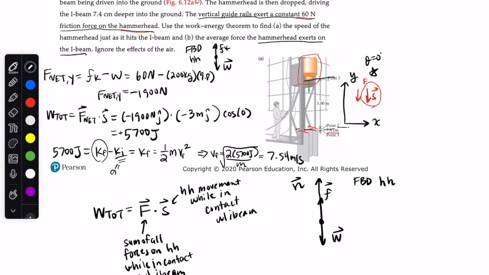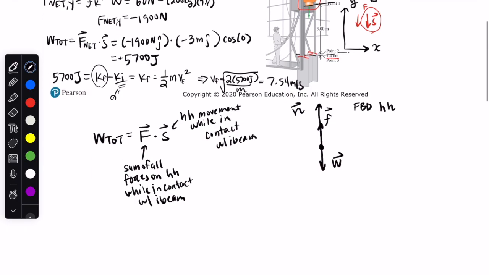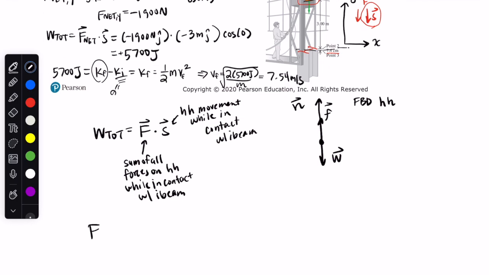So let's add up all the forces now, except we have an additional one since the hammerhead is in contact with the surface, so we have the normal force. Let's get our F net. Everything is in the Y. The normal force is positive, the frictional force is positive, and then we have the weight.